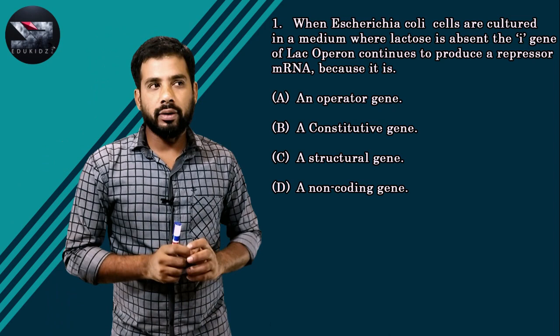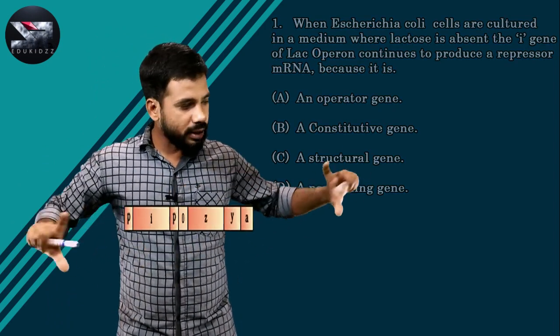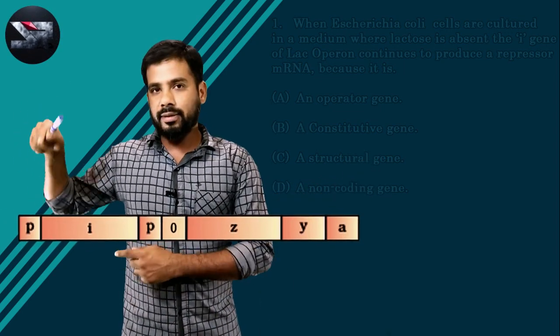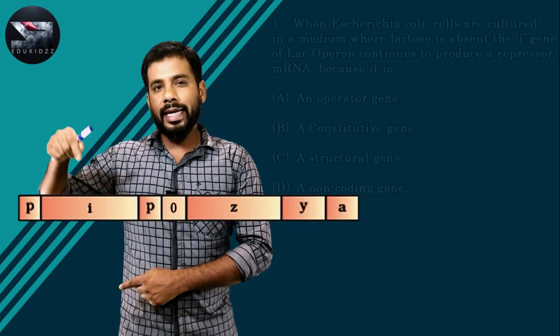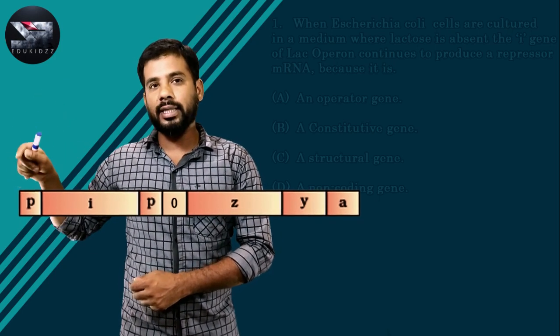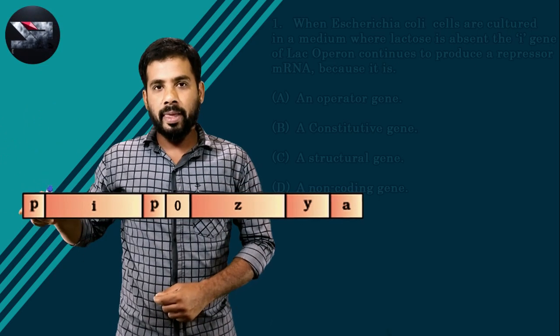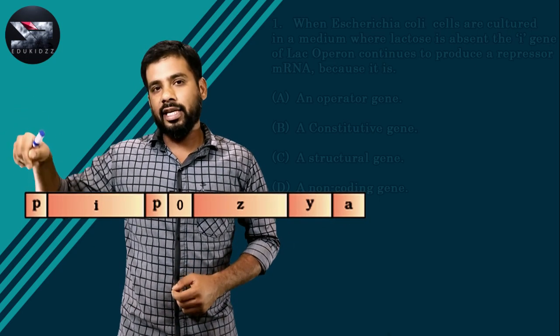The Lac Operon generally consists of 2 types of genes. For example, this one is a Lac Operon. Here is a promoter gene. This promoter generally helps in the transcription of only the inhibitor gene, so this promoter is for only the inhibitor gene, not for the entire operon. Now actually the operon starts from the inhibitor gene.